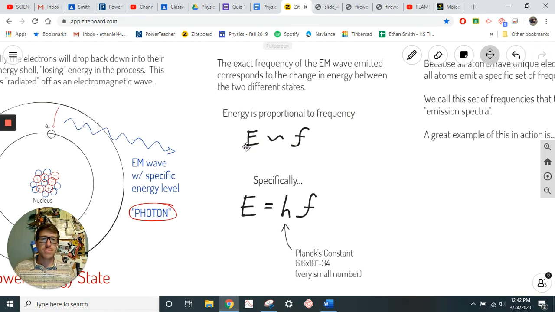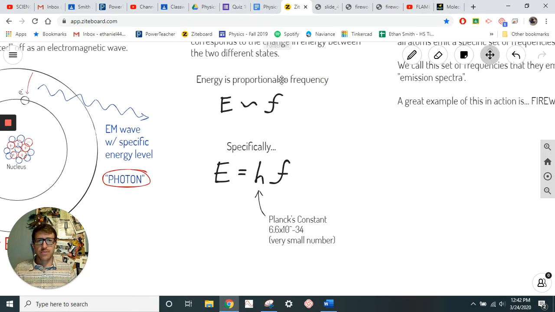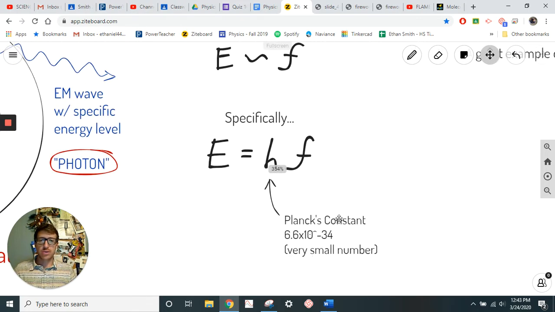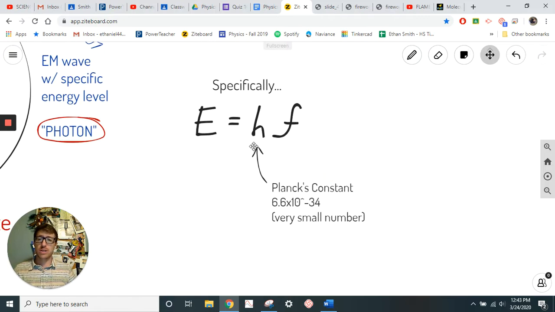Now, energy for an electromagnetic wave is proportional to frequency. As we mentioned, the more wave crests that are going by per second, the more energy that wave has. And specifically, there's an equation that we can use, and this is one that you guys will need to know. The energy carried by a wave is equal to Planck's constant, which we represent with the letter h, times the frequency of that wave.